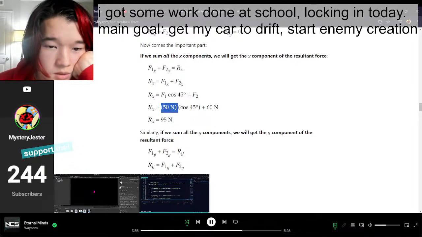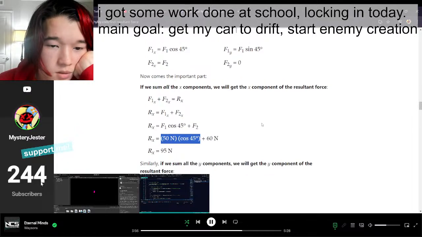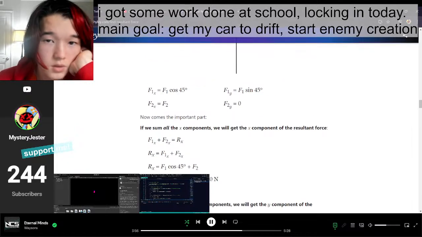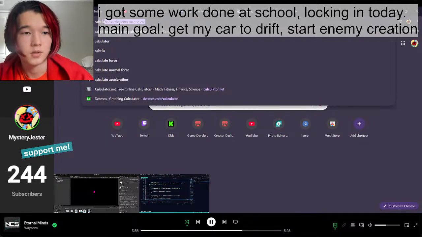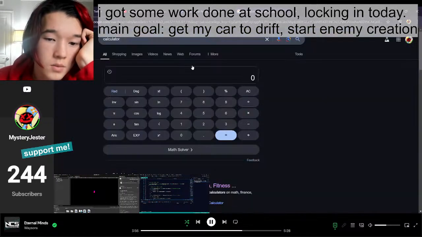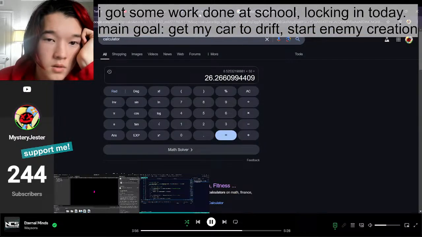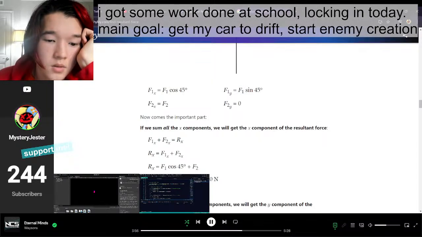Alright, because this is F sub 1 cosine 45, and then F sub 1. Oh, is it multiplied? Let's use a calculator to verify. Make sure this is multiplication, because you never know. 50 times cosine 45. Wait, what?